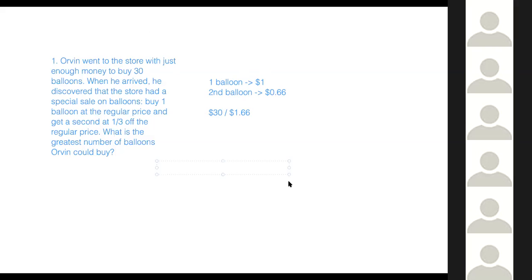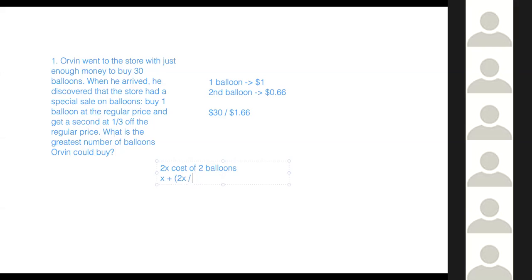Alternatively, if you know before it cost you 2 units to buy 2 balloons, let's say X was the cost of 1 balloon. So we don't have to assume it's $1. So 2X is the cost of 2 balloons initially. Now, with this discount, the first one costs X, the second one costs 2X over 3.